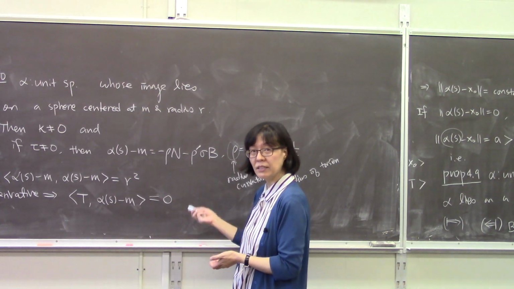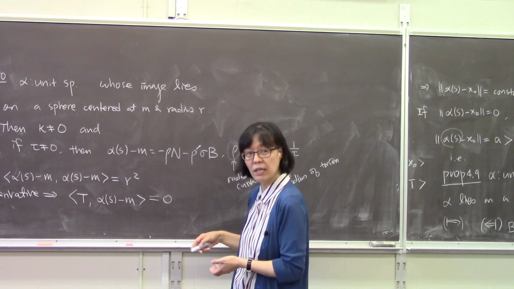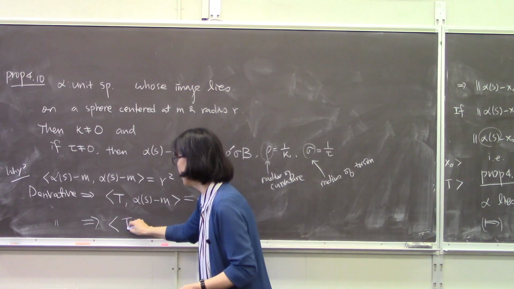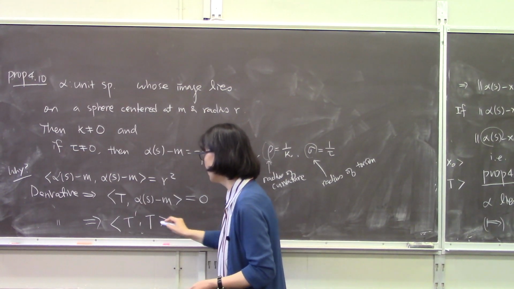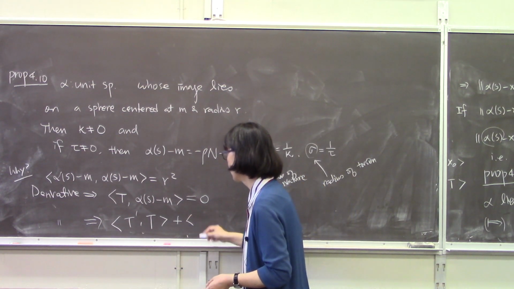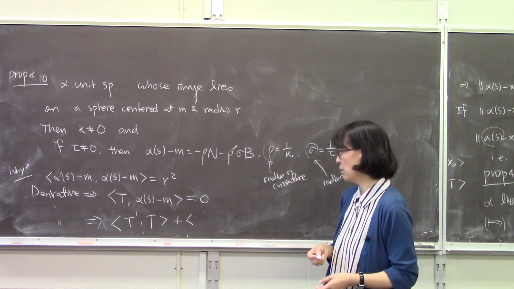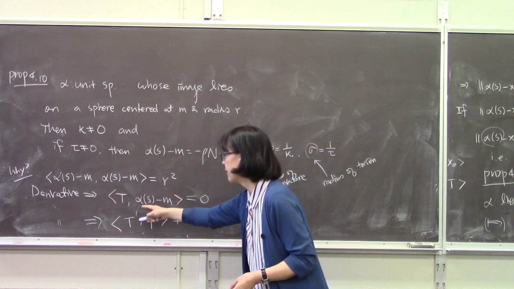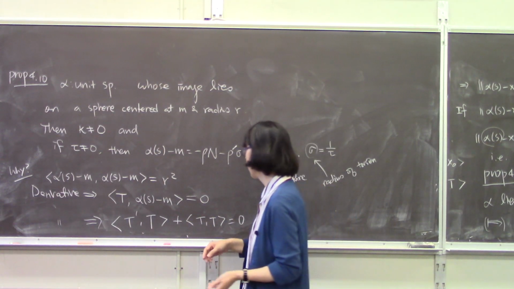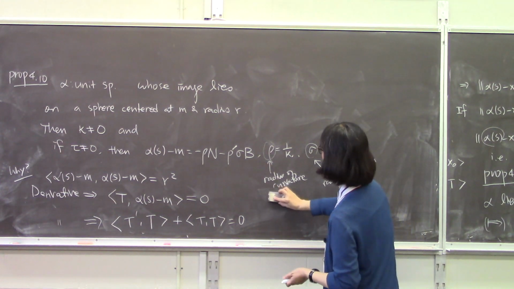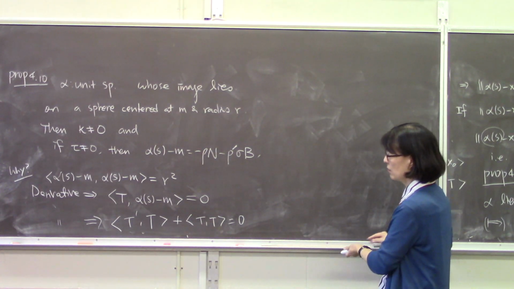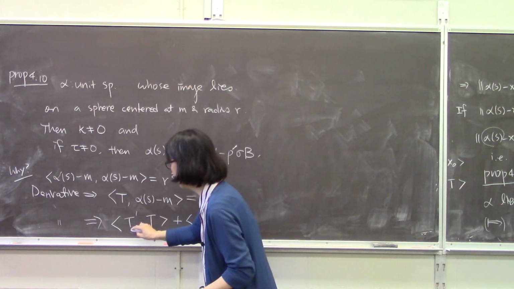Let's take one more derivative. Then we have t prime dot alpha minus m, plus t dot t, that is 1. Can I erase that? Okay. So that means, again, Frenet-Serret theorem, this is curvature n.